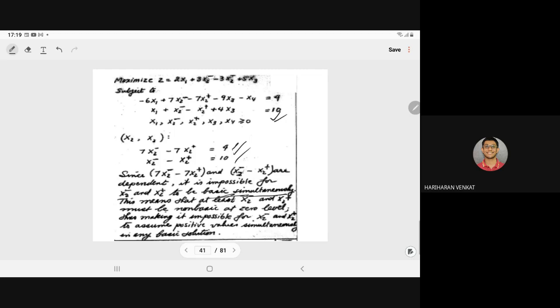Only when we deal with an unrestricted variable, we use two non-negative variables. Both non-negative variables simultaneously cannot be basic variables. That is the conclusion of this problem.